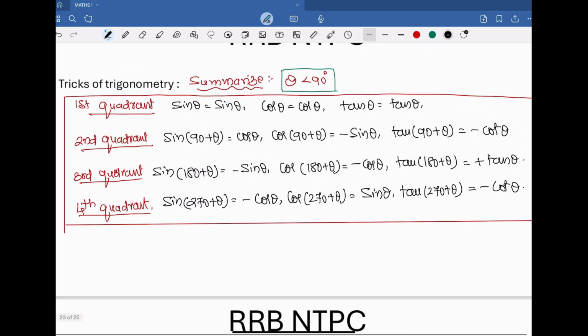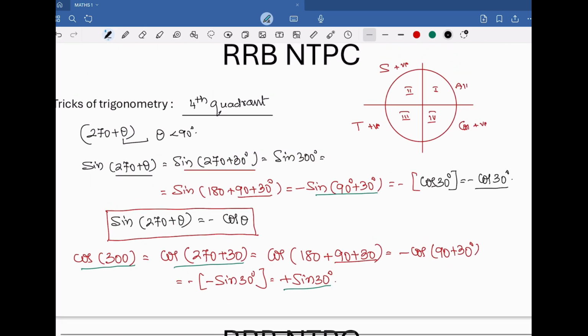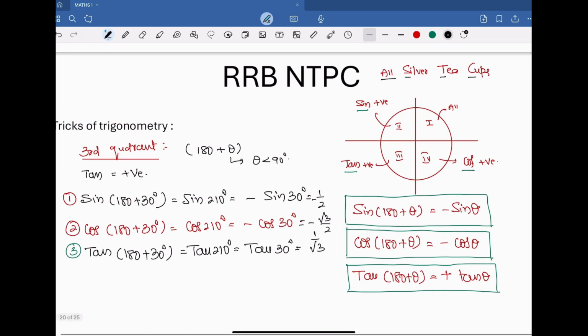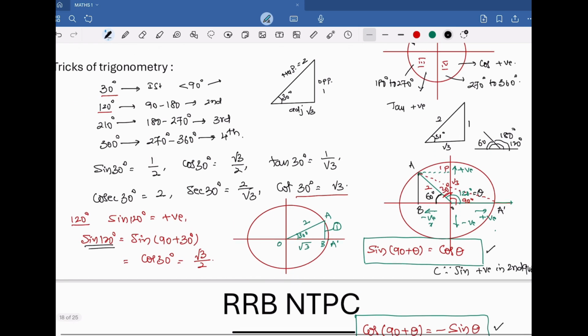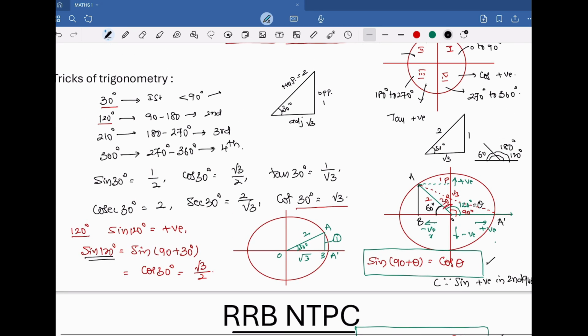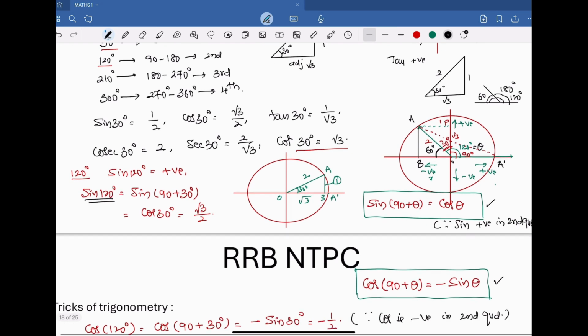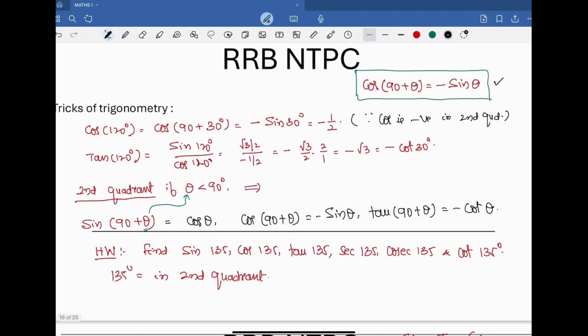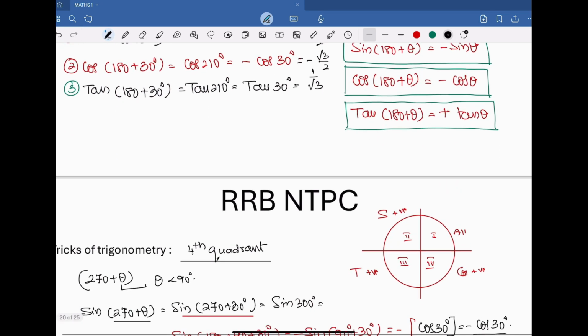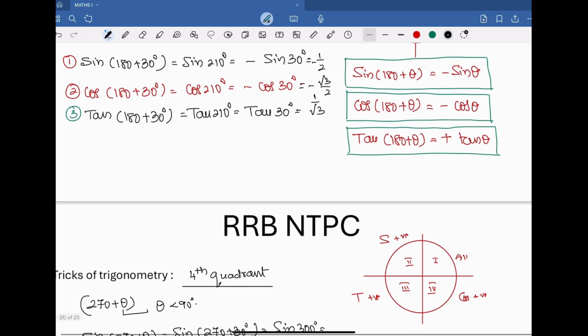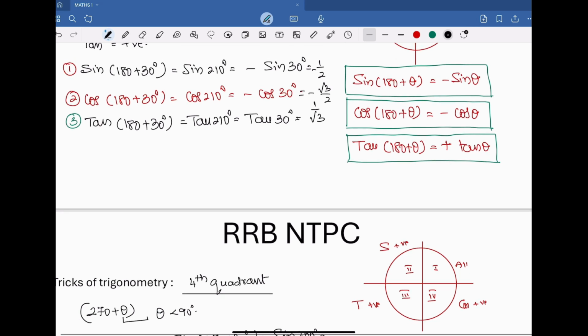The main root 3 value of tan. For what value is tan root 3? Tan is root 3 for 30.